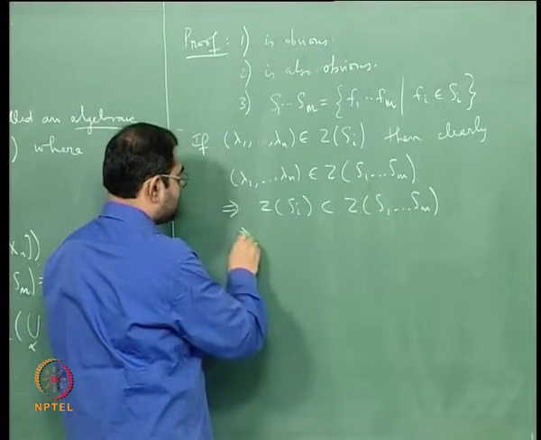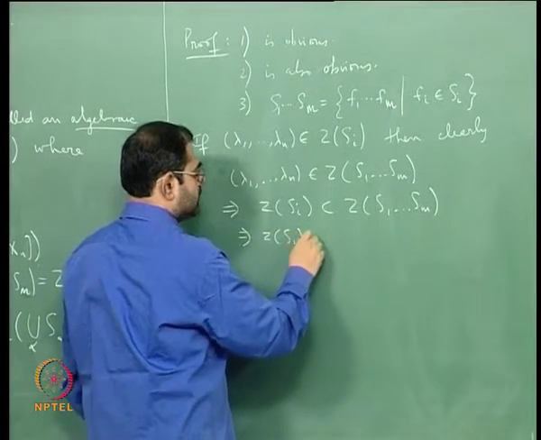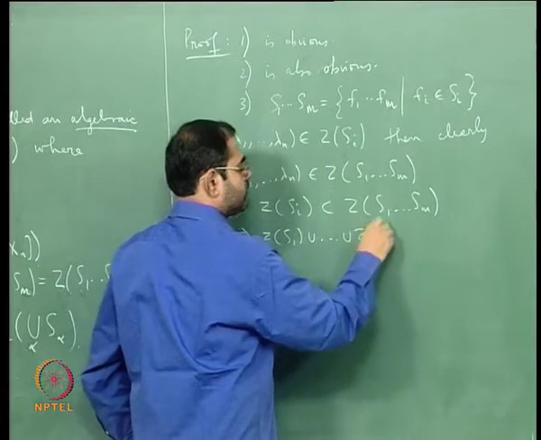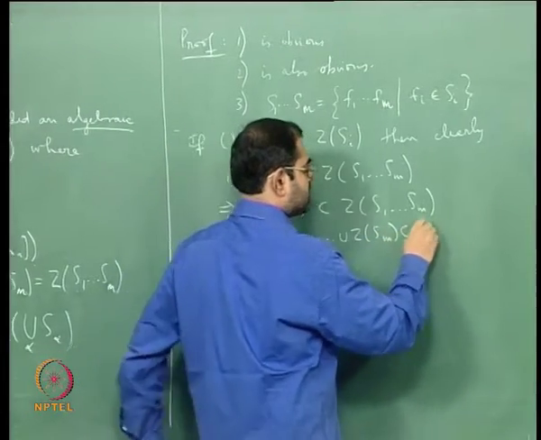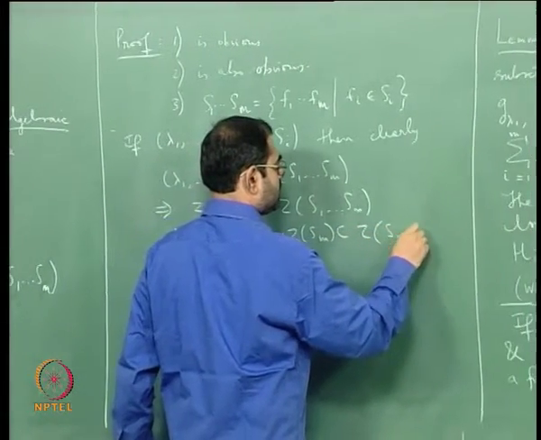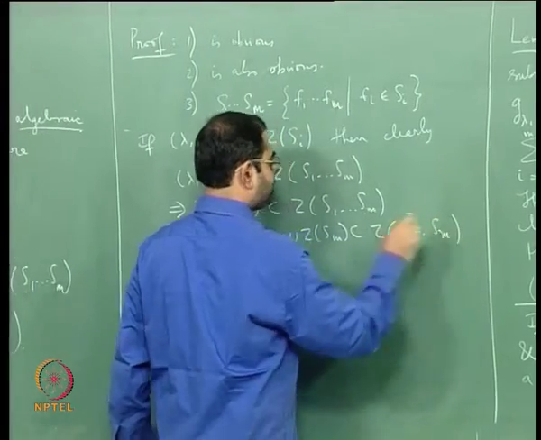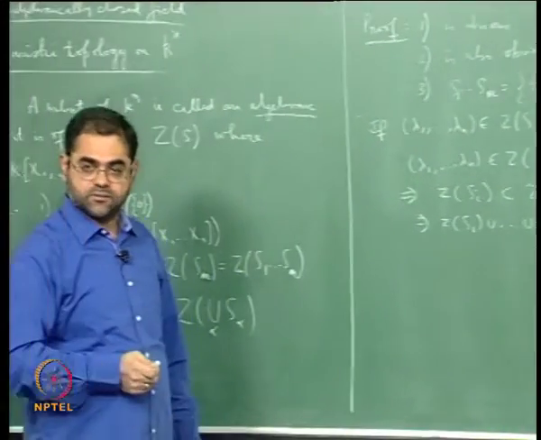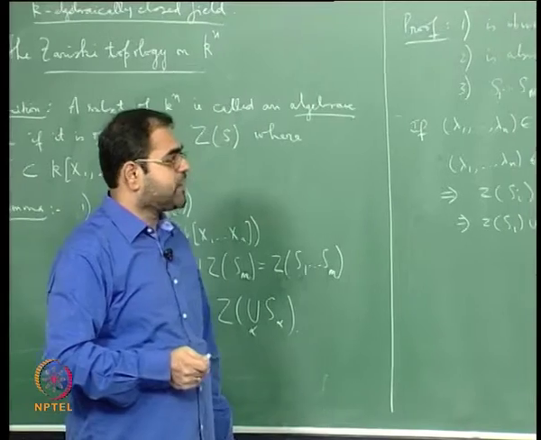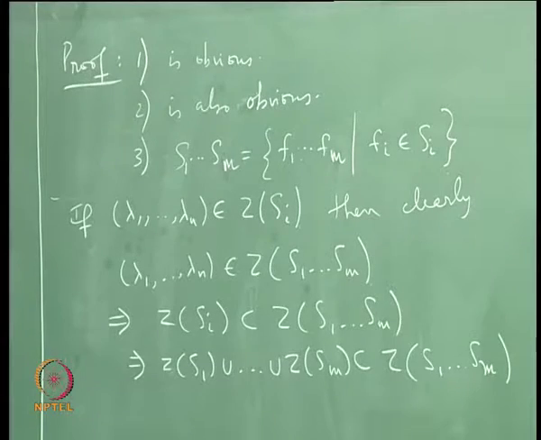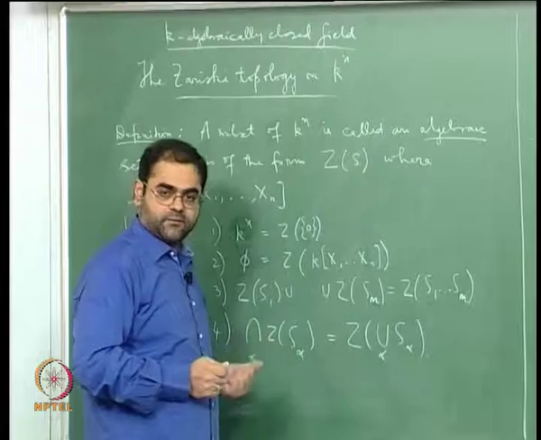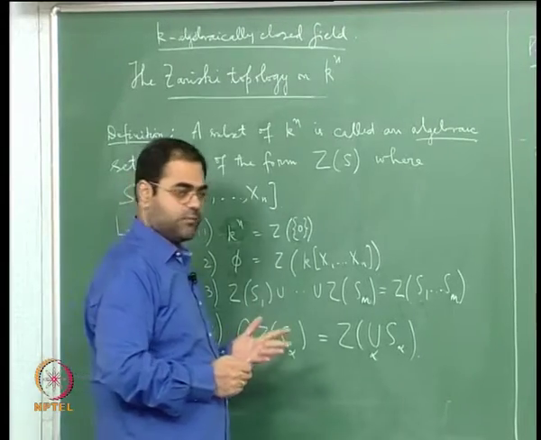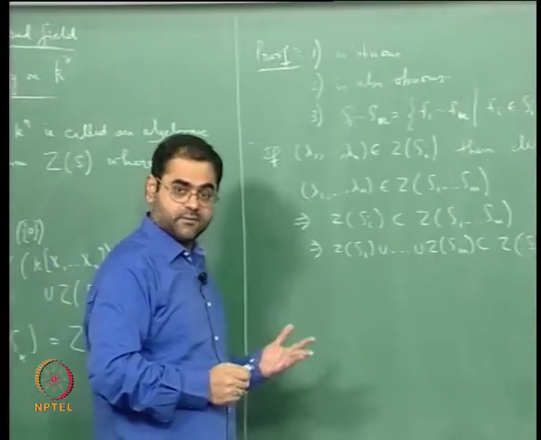So this tells me that the union of the Z of Si is in the 0 set of the product. Okay, this is obvious. What is a little not so obvious is the other way around, but which is also very easy to do, you can prove it by contradiction.